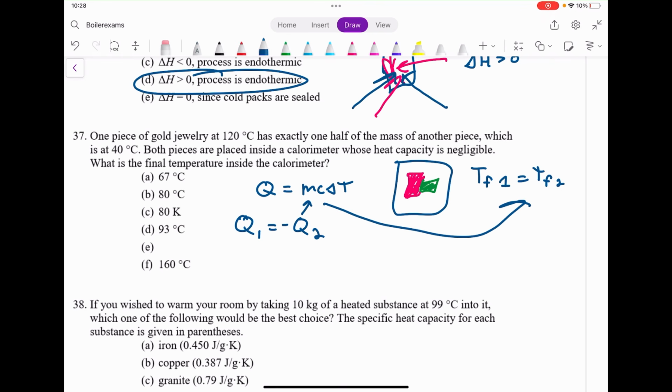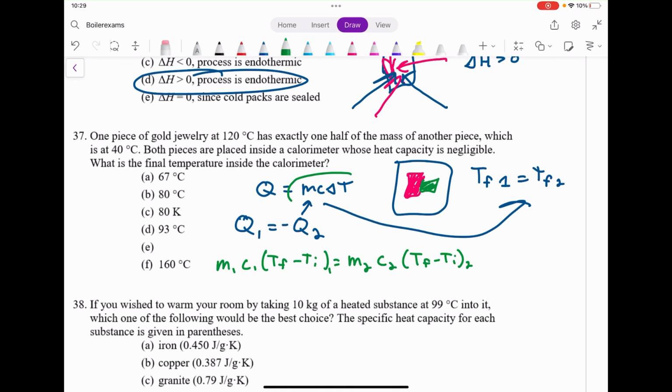So what does this look like? I think that might have been a little complicated, but I think if you see it, it'll make sense. Okay. M1, C1, delta T. I'm going to expand delta T into TF minus TI of 1 equals M2, C2, TF minus TI of 2.